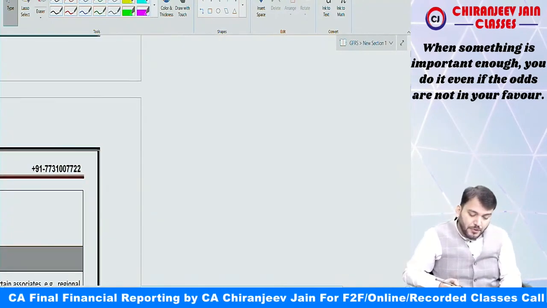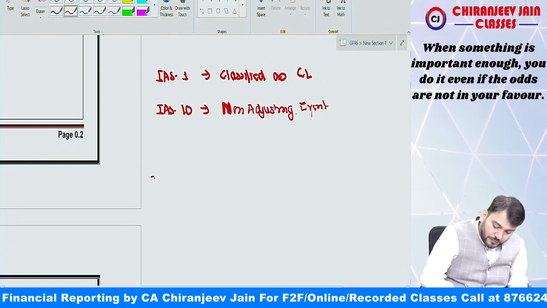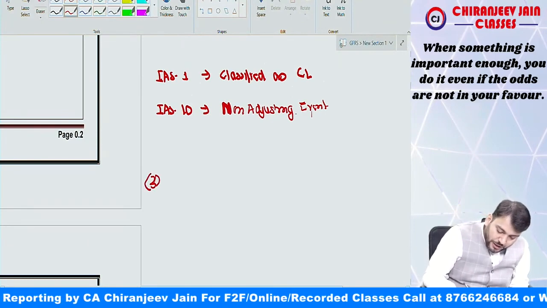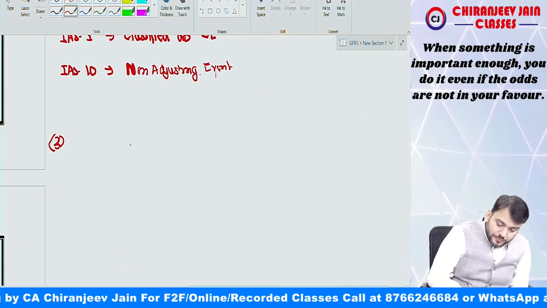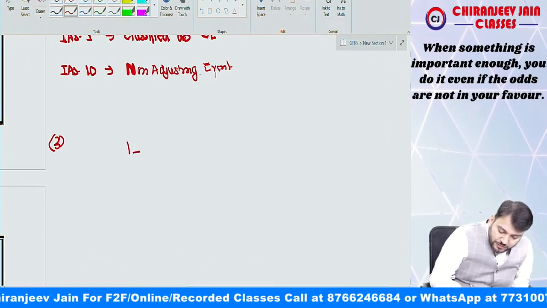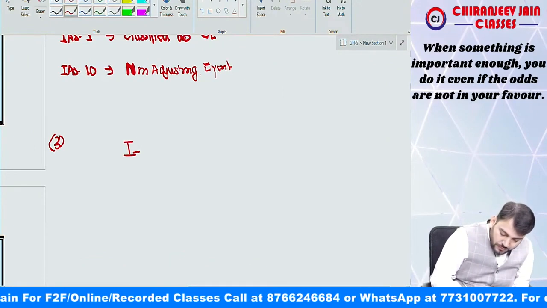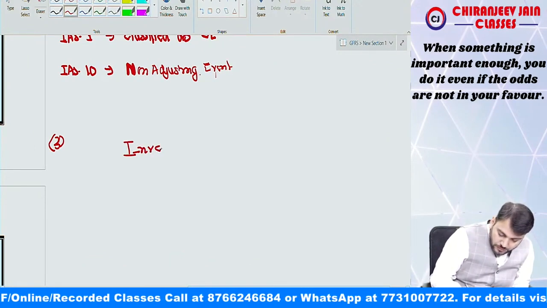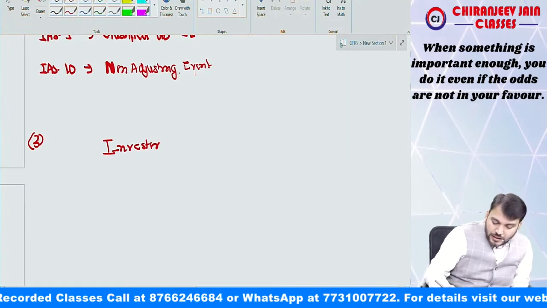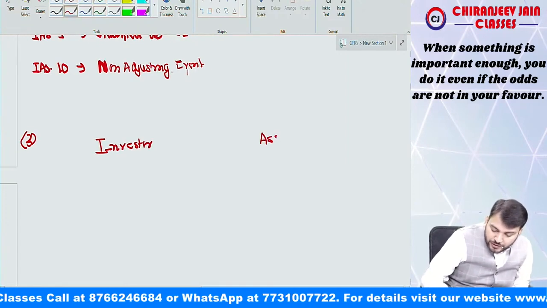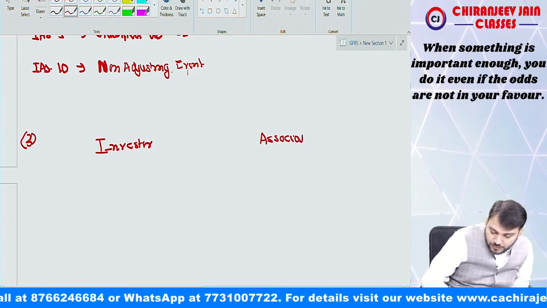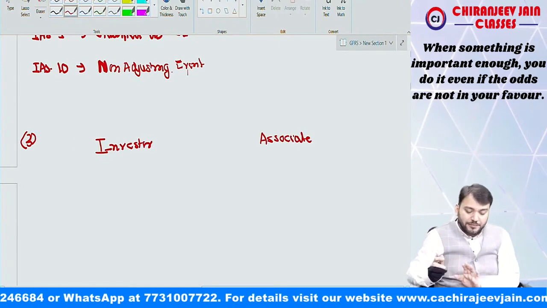Means what they want to say. Point number three, we are doing correct. This is the investor, and this is the associate. Now you know who are associates, correct?